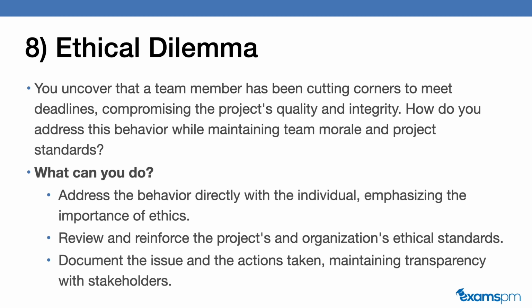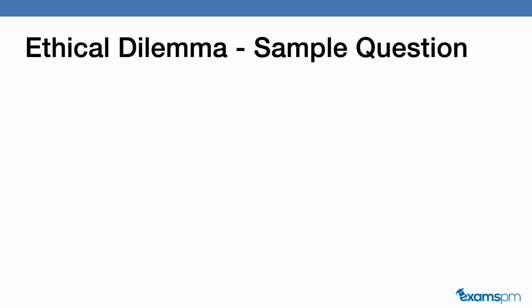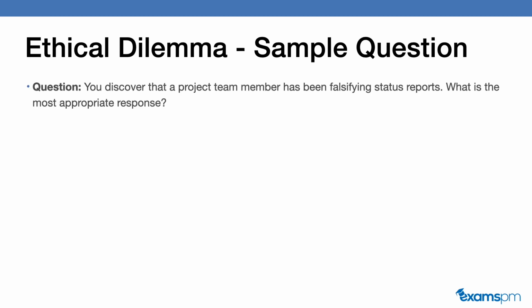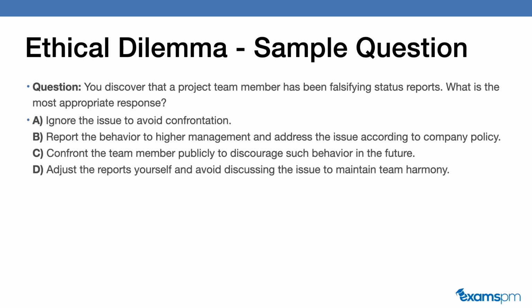Now let's take a look at a sample question that you may get around ethical dilemma. So the question is, you discover that a project team member has been falsifying status reports. What is the most appropriate response that you can take as the project manager here? Is it A, to ignore the issue to avoid confrontation?